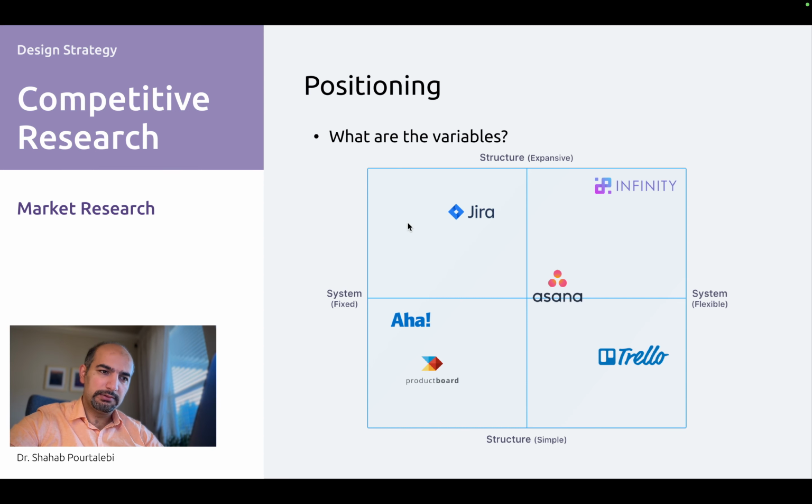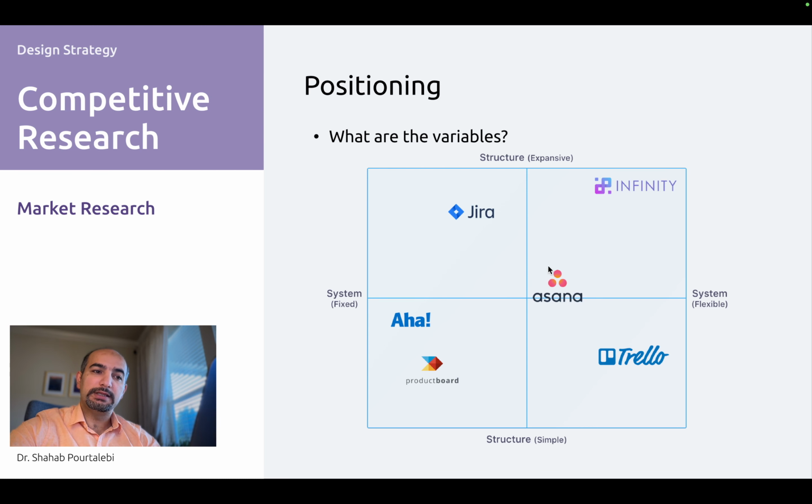As you can see, a positioning map is usually two-dimensional, and in each dimension we have a variable or an attribute. For example, one of them is structure, on the vertical Y-axis: structure-based, like the expansive structure of the applications, the project management, the design management, the development management applications you can see here.